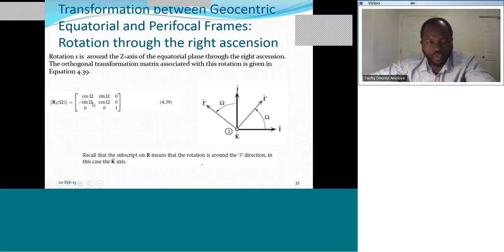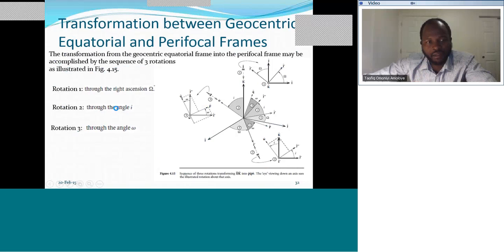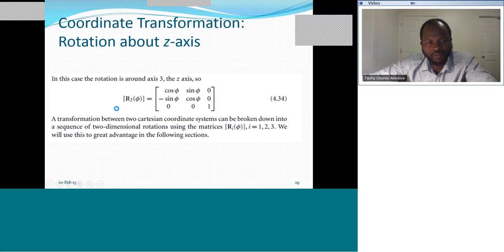So we just put omega into these equations which we got. Right? This is R3 omega now. So omega there, omega there, omega there, omega there.